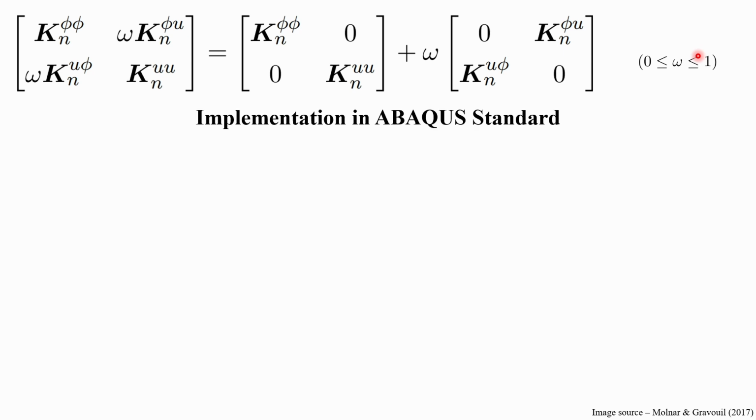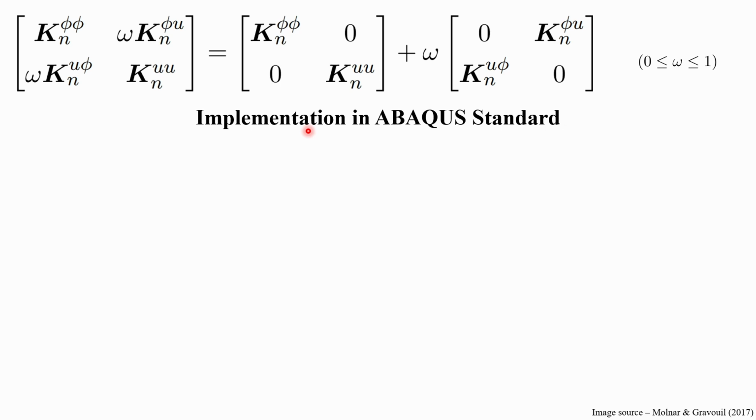Okay. So how do we implement this in Abaqus Standard? So this is essentially not a dynamic formulation. So we have to use Abaqus Standard to solve these kind of phase field models. Again, when dynamic implementation will be discussed, then we'll be using Abaqus Explicit, but that's quite in the distant future.